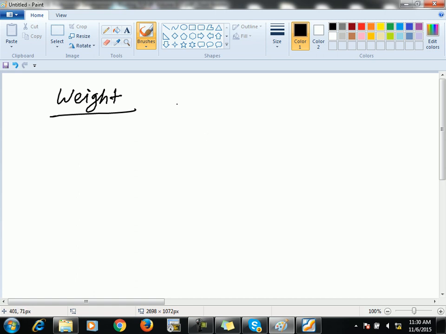Remember that weight is a Cisco proprietary attribute. So if you have a box from Juniper, then you cannot implement weight over there for BGP path selection. So this is Cisco proprietary.